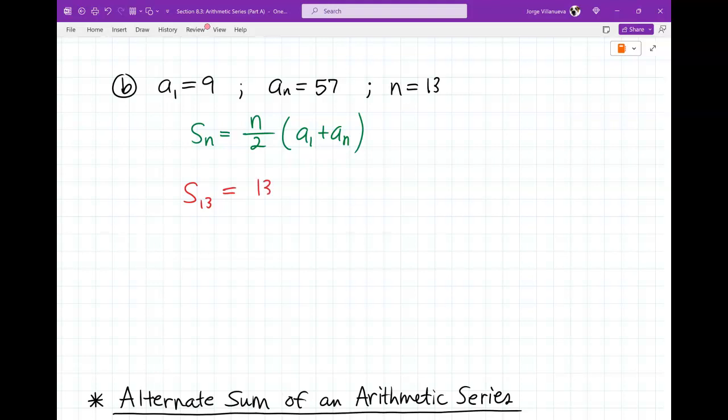So that's going to be 13 over 2. A sub 1 is 9. A sub n is 57. So that's 13 times 9 plus 57, that's 66. Divided by 2, that's 33. Okay, and 13 times 33, what do we get?